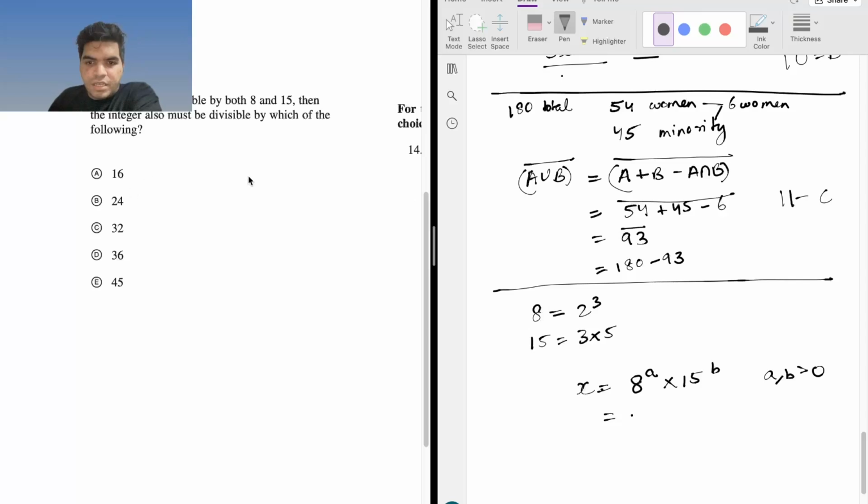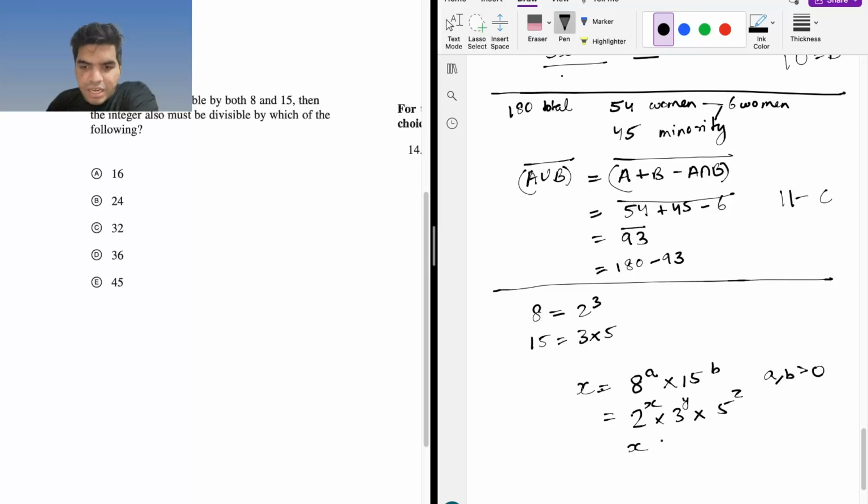Now, if I'm saying that this is a multiple of both, that means any prime factor here, so 2 to the power something. So 2, 3, and 5 can be there with any power x, y, z, where x should be at least, see, this is given, must be. That means at least one occurrence is there.